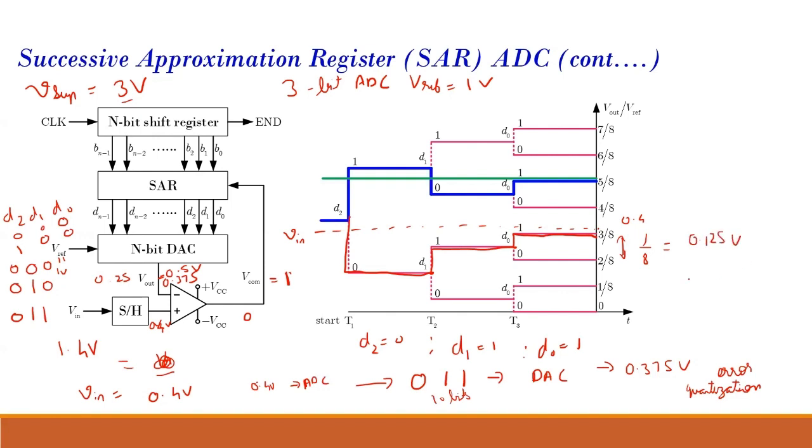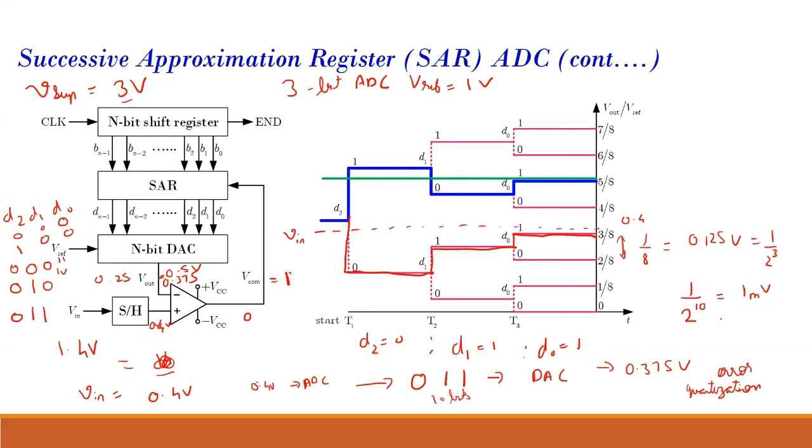This is 1 by 2 raised to 3 because it's a 3-bit ADC. But if the resolution of the ADC is increased, say it is made 1 by 2 raised to 10, then this will become approximately 1 millivolt. So that is why we prefer a higher resolution ADC.